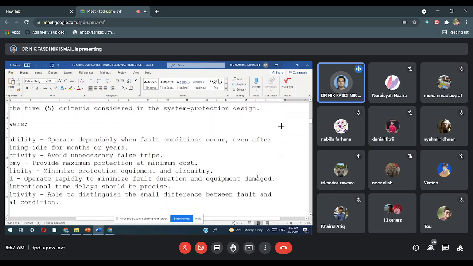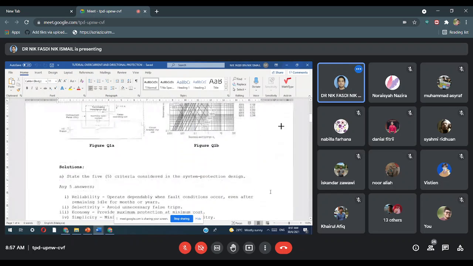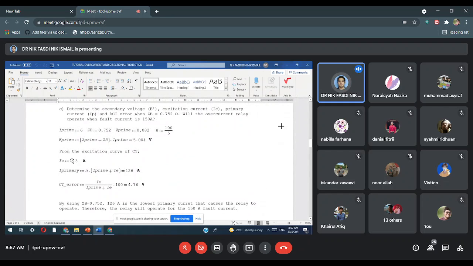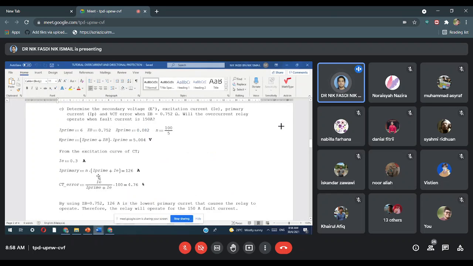Okay, now we have the value of excitation current, i.e. 0.3. So now we can get the value of I primary. The calculation of I primary is you substitute into this equation.